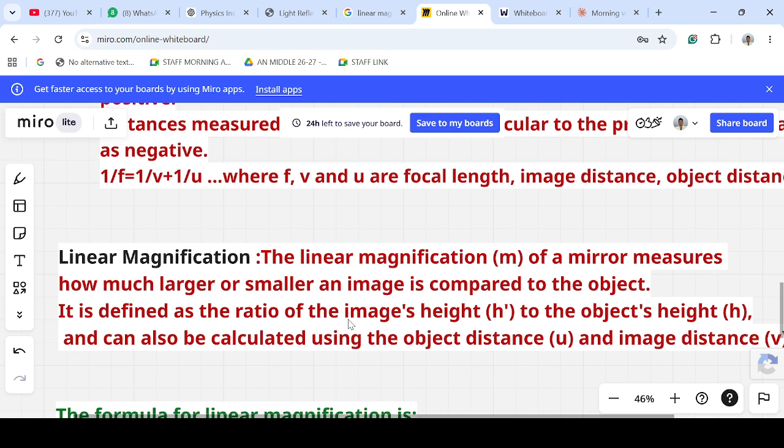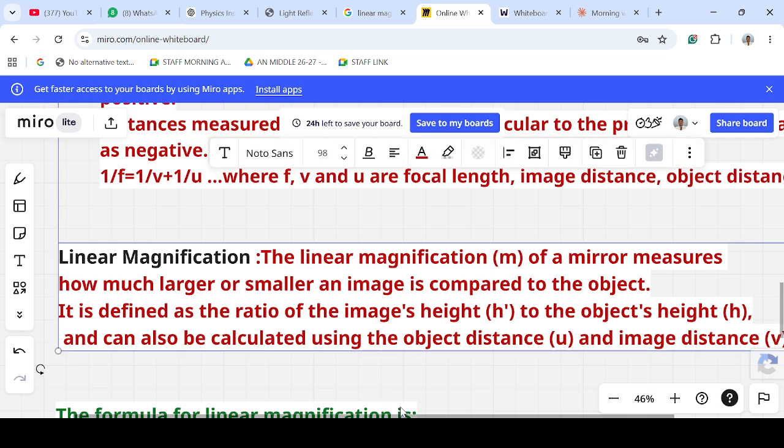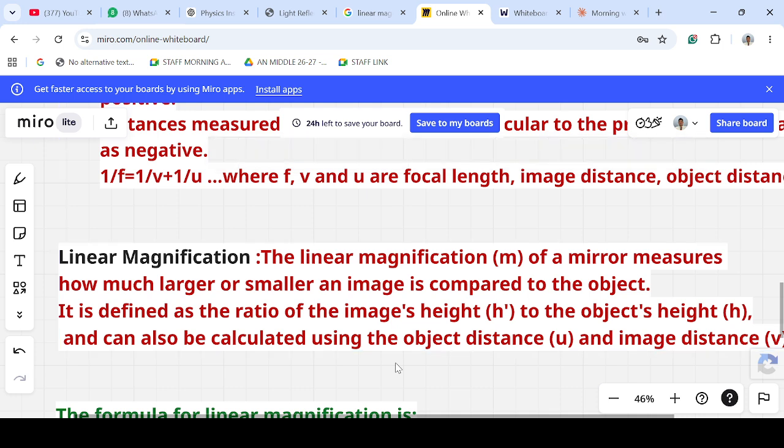Next comes the topic called linear magnification. What is linear magnification? The linear magnification m of a mirror measures how much larger or smaller an image is compared to the object. When you place an object in front of the mirror, you are going to find the image. Is this image larger or smaller, that we are going to compare and find out.